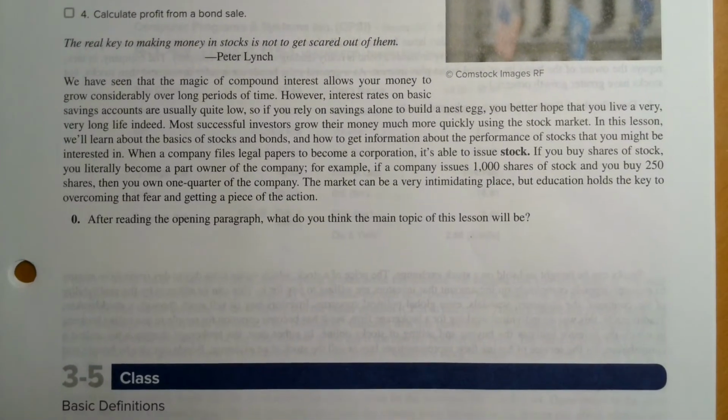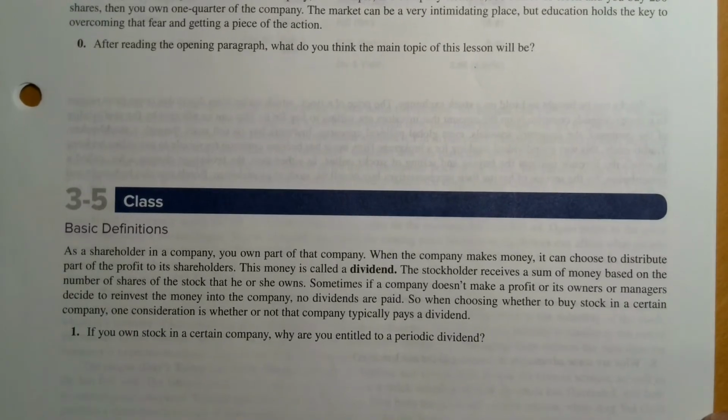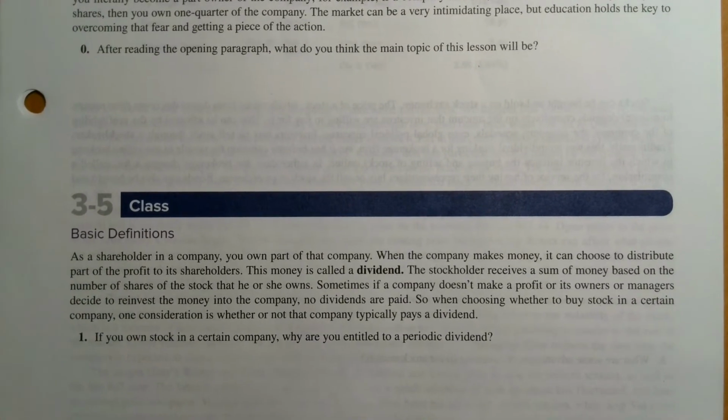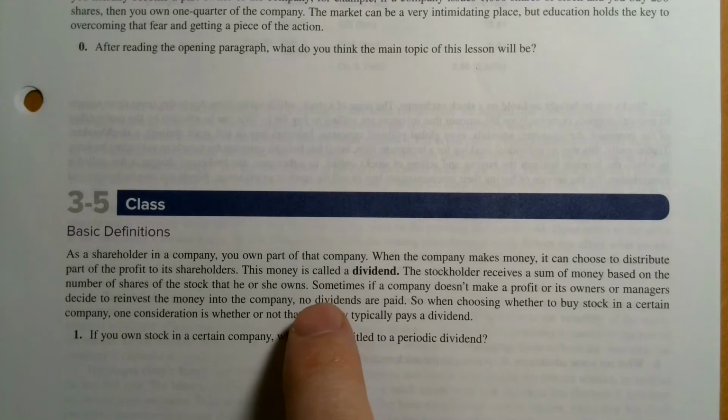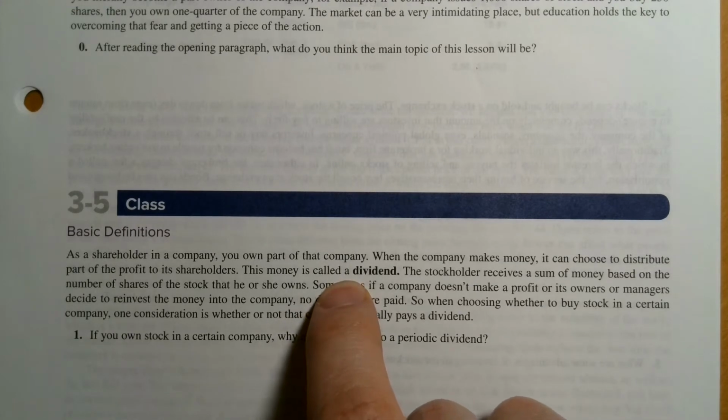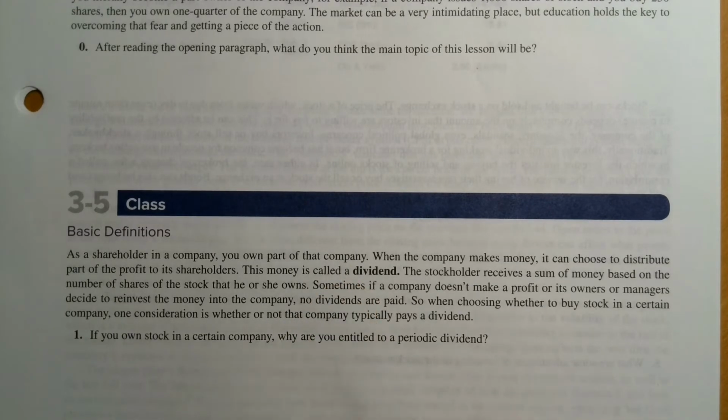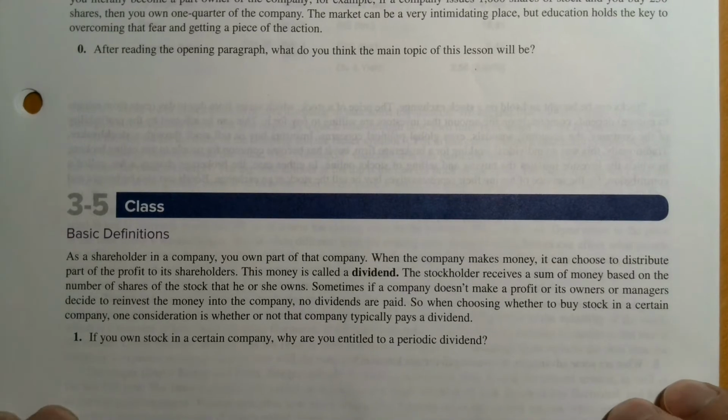So there's a couple of different ways to earn money with stocks. One way is some companies will pay what's called a dividend, and that is a portion of the profits the company gives back to their stock owners. Other companies just reinvest that profit right back into their company.